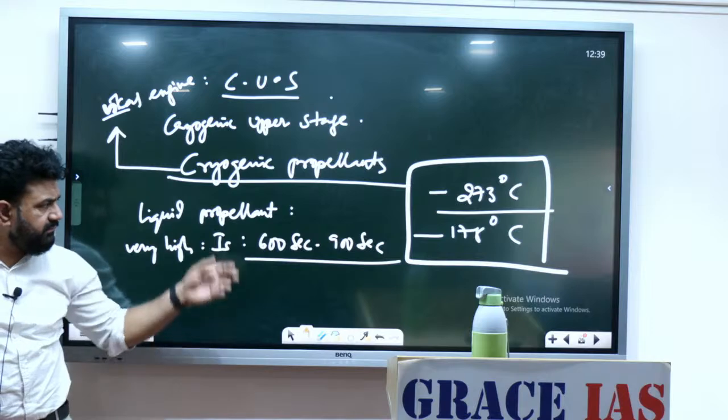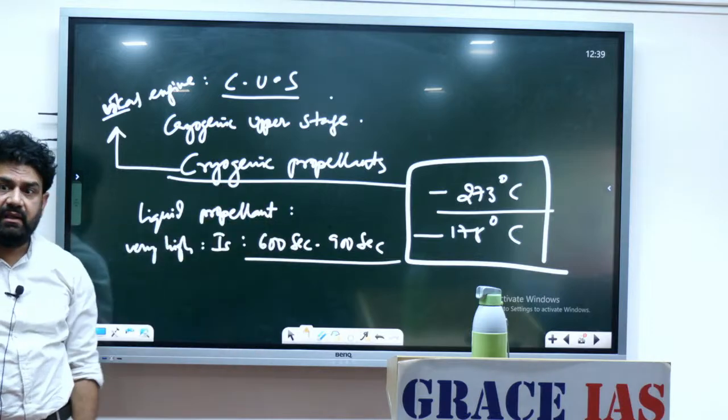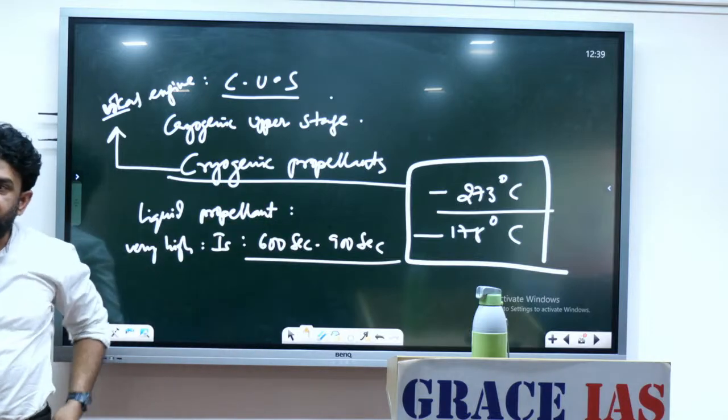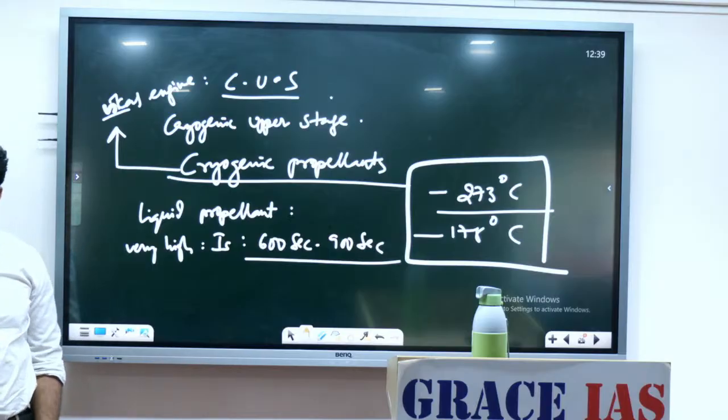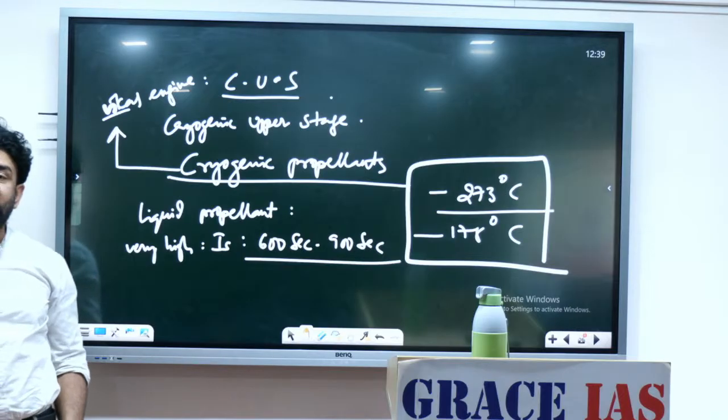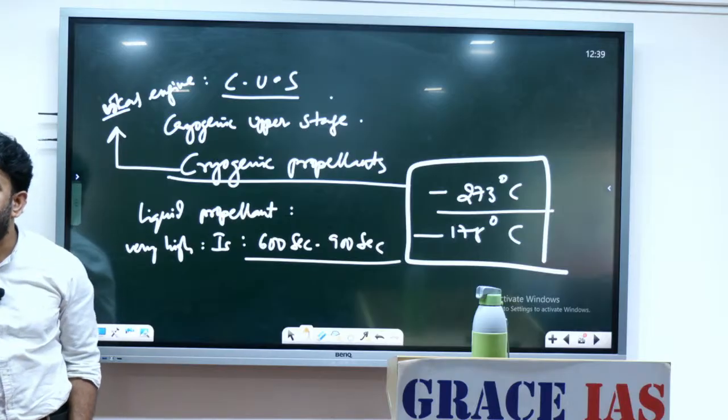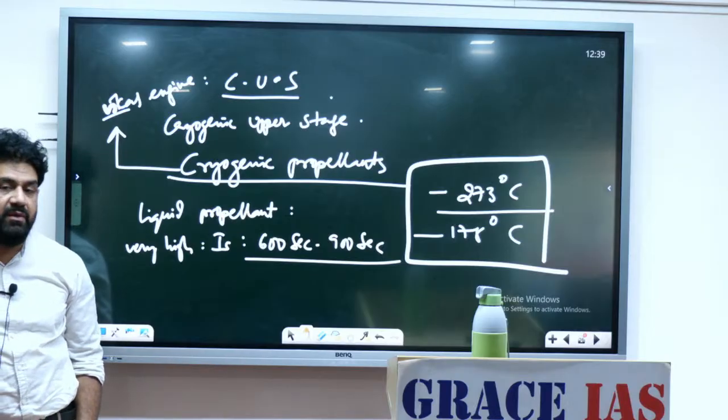ICBMs. Likewise, if we have cryogenic, we can launch missiles in any place on the earth, yes or no? They feared that India may develop such missiles, hence they never wanted it, and also they never wanted India to have achievements in space technology. So they have their own issues.